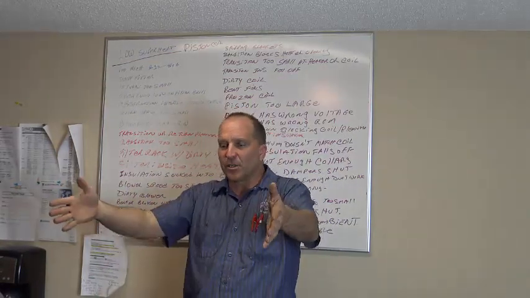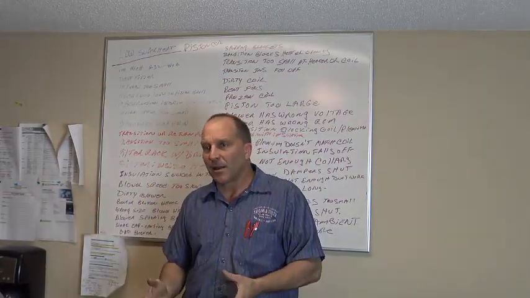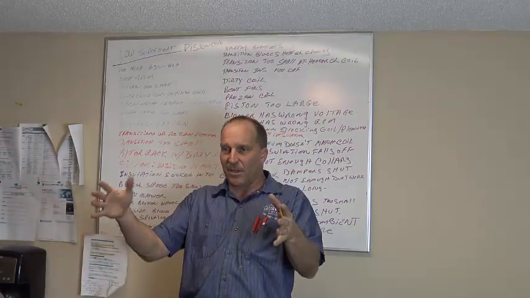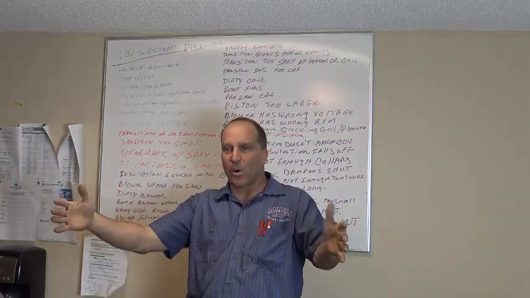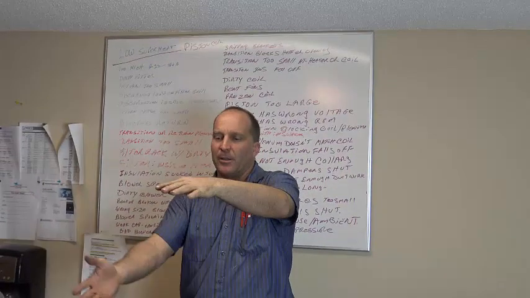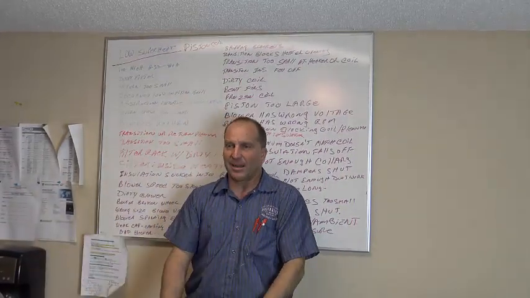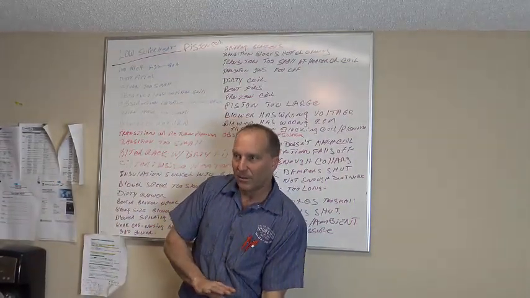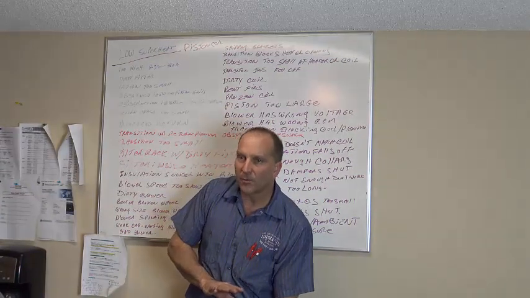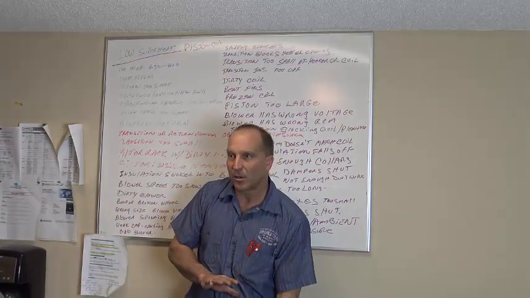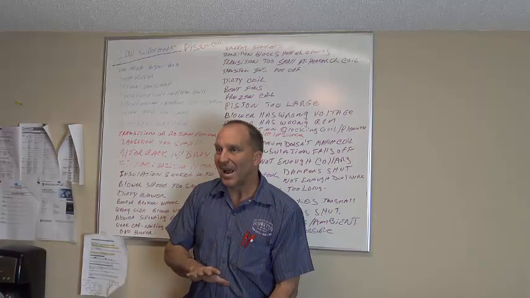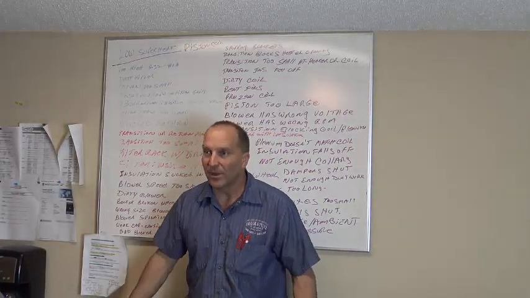So if your transition is built too small, a lot of times the physical size of the heater itself may be 28 wide by 20 high, and you see that transition come back down to 11 by 20. Well, that hole where it comes from at that return plenum is too small. It's blocked off.